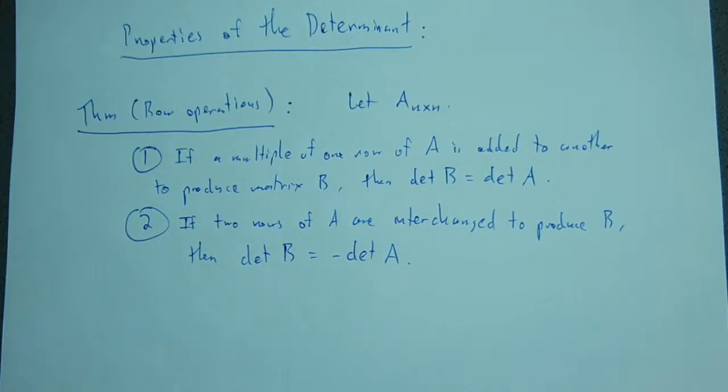So if you have two matrices, and the difference between them is a single row swap, then the difference between their determinants is a minus sign.